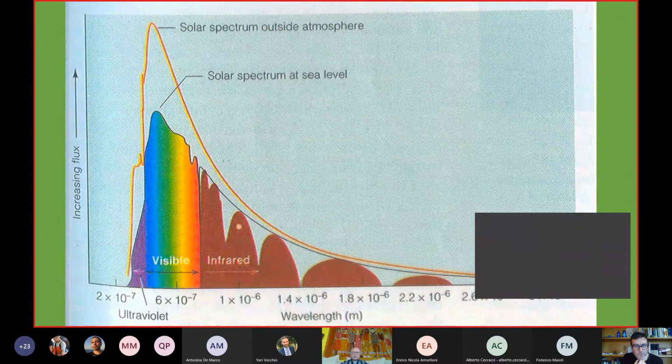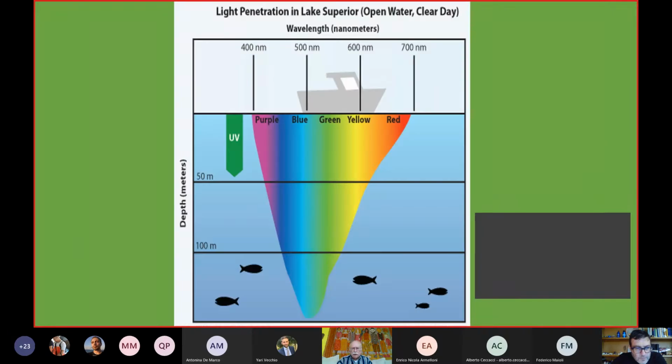Now, you can see what would have been the solar radiation at the top of the atmosphere, and then you see, because of the absorption lines, what really reaches the surface of the planet.